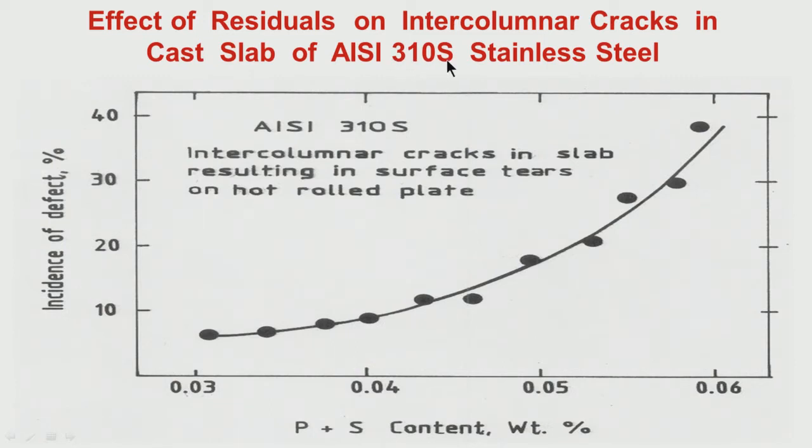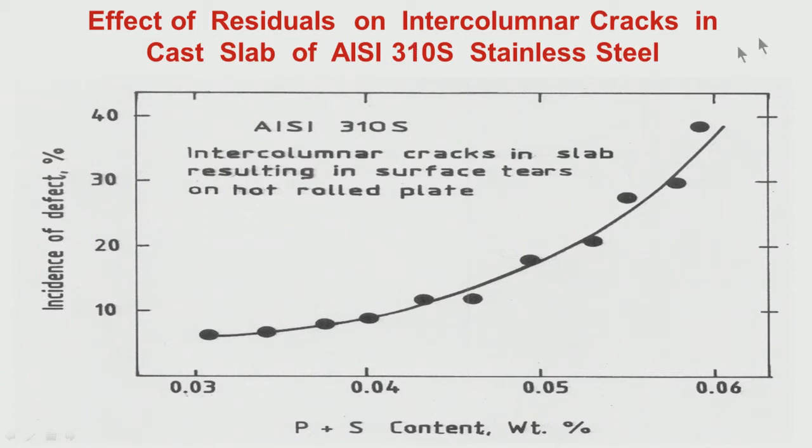Similar is the case for 310S, for the nickel equivalent by chromium equivalent above 0.74. Between 0.55 and 0.74 you have the peritectic range; above 0.74 you have totally austenitic solidification. That means you have initially liquid, then liquid plus austenite, and finally austenite when it is solidified, no other transformation.